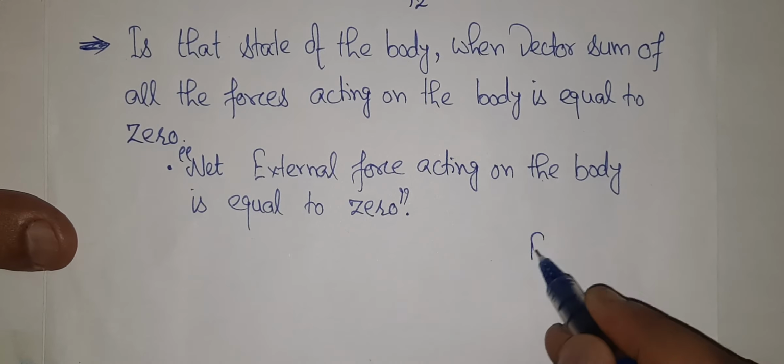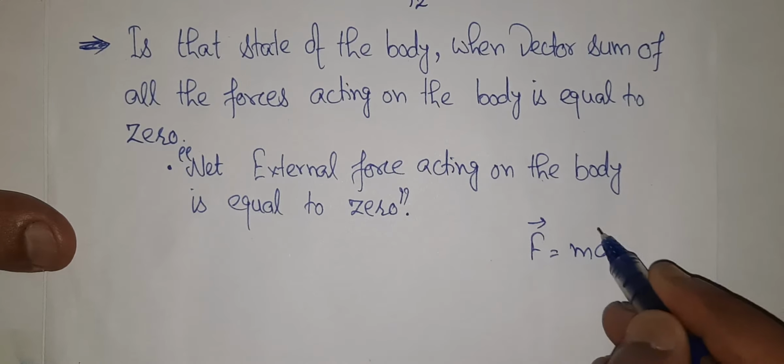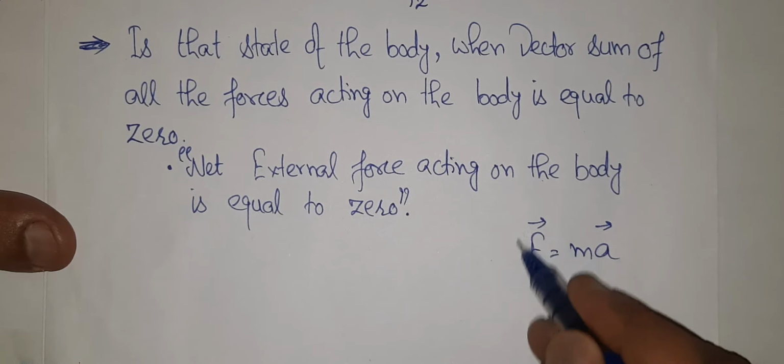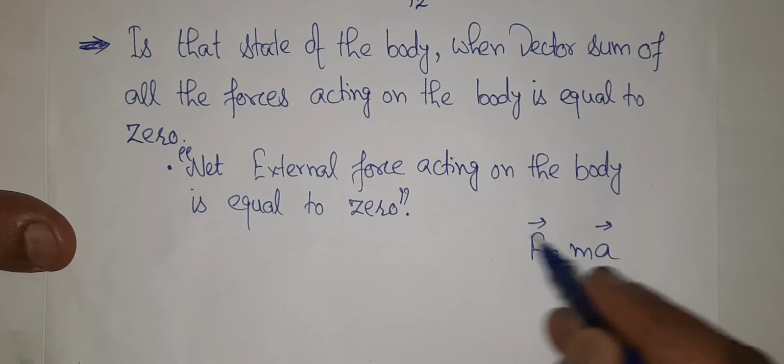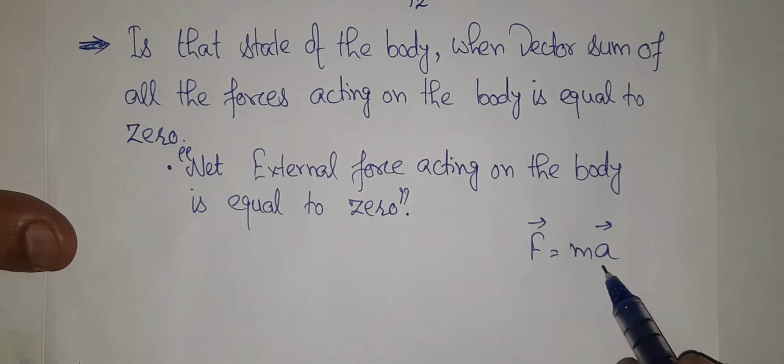Newton's second law of motion says F is equal to mass into acceleration. If the net force, the total force acting on the body, is equal to 0, then the acceleration of that body will be equal to 0. Now, in which cases do we have acceleration equal to 0? Either the body is at rest, in that case also the acceleration will be 0, or it is moving with uniform velocity.